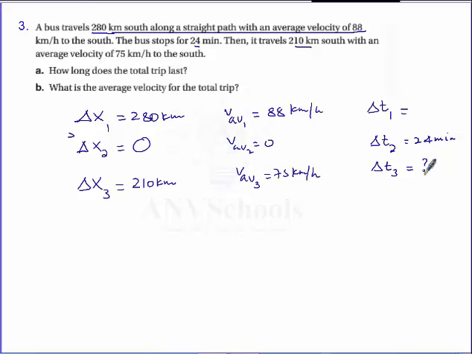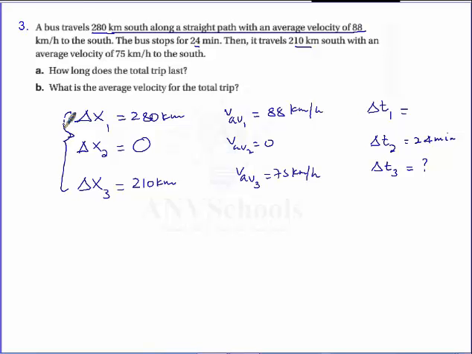Now we want to find the time taken to cover the first trip. This is the first trip, the second, third phase. We divide this in 3 cases. First case, second case, when it stops, and this is the third trip. So here we want to find delta T1 and delta T3.